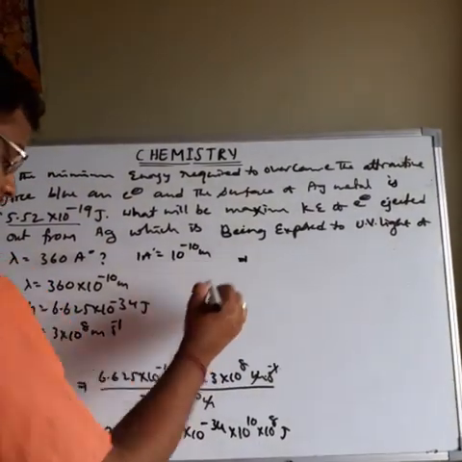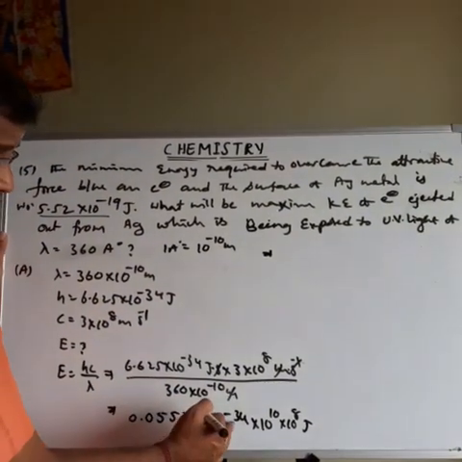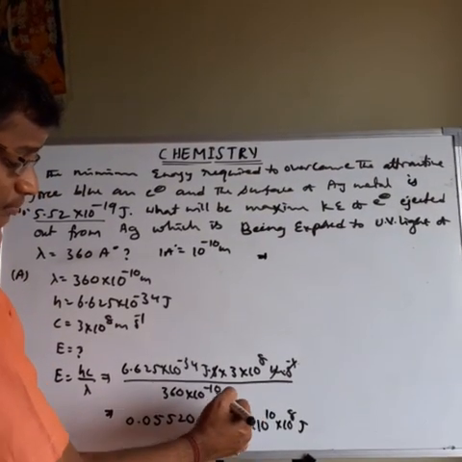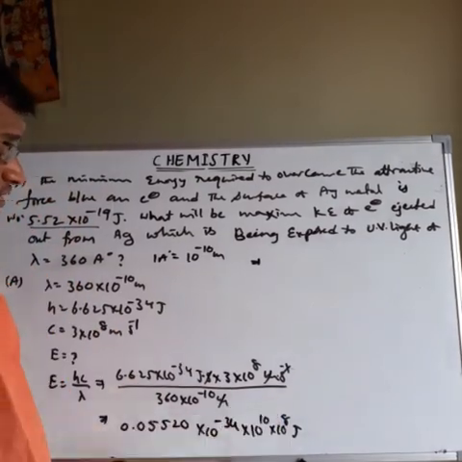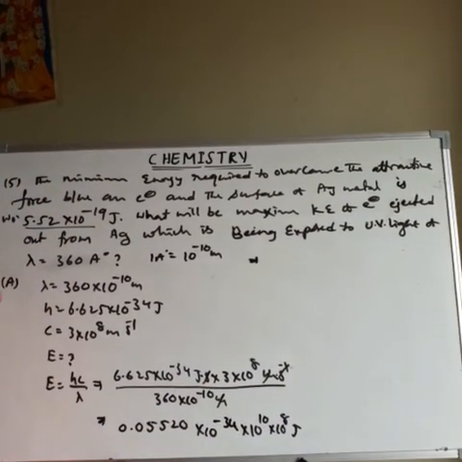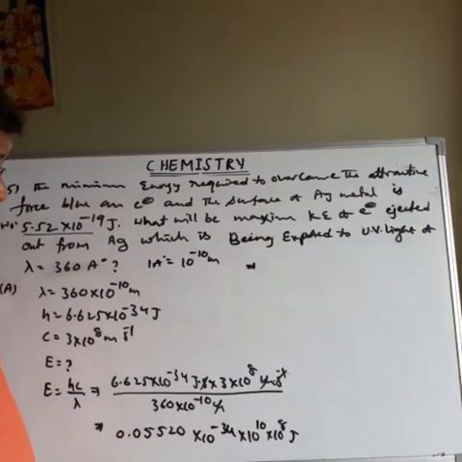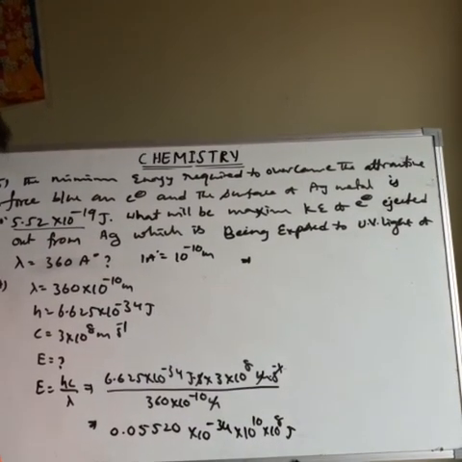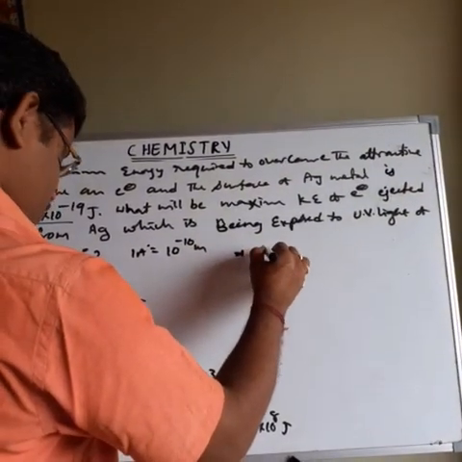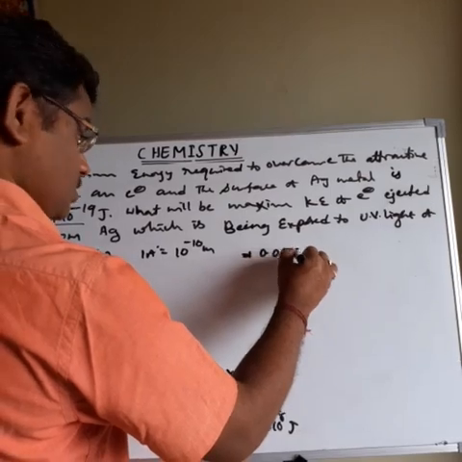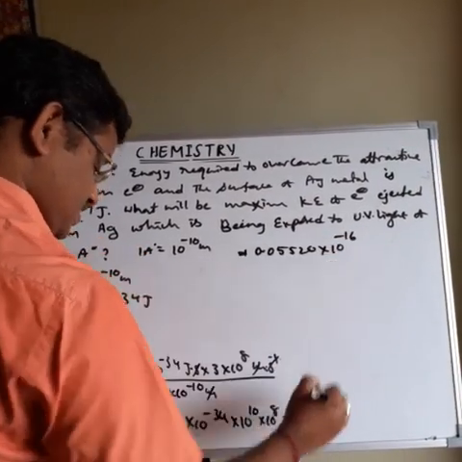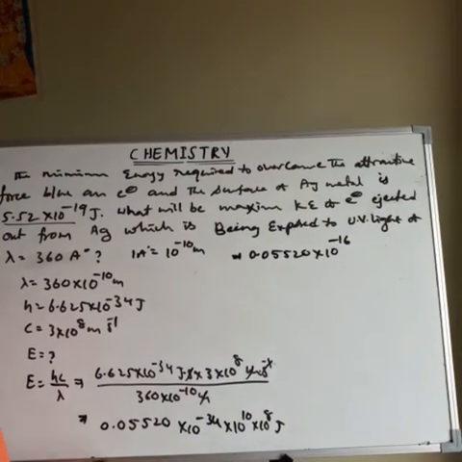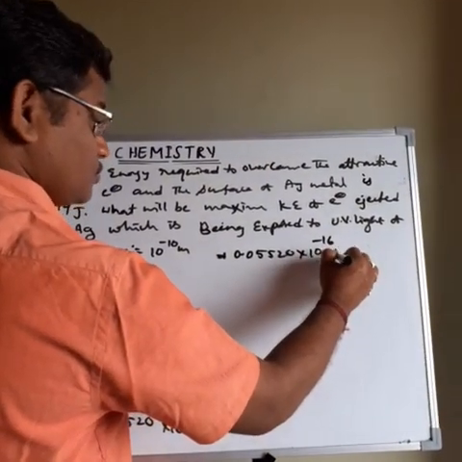Therefore here energy is equal to 10 power minus 34 plus 34 minus 24 minus 24 again 8. Then what we obtained? Minus 16. So 0.5520 into 10 power minus 16 joule.